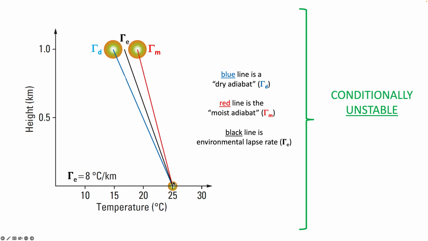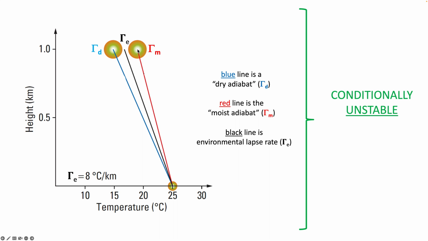Now, if we assume that the air at the surface is saturated or moist, then when we lift a parcel, that parcel is going to go up a moist adiabat. The parcel is going to cool from 25 to 19 degrees. It's going to cool 6 degrees.